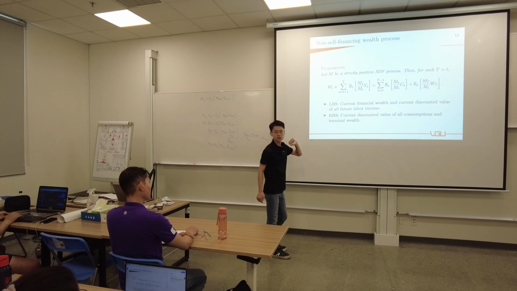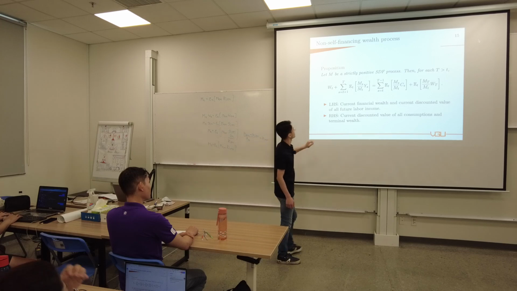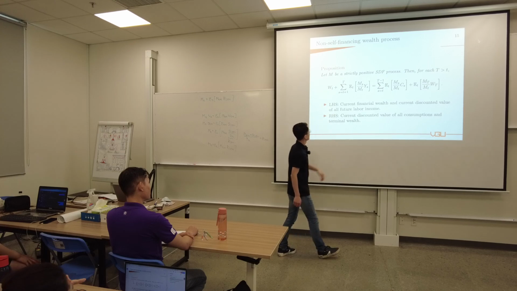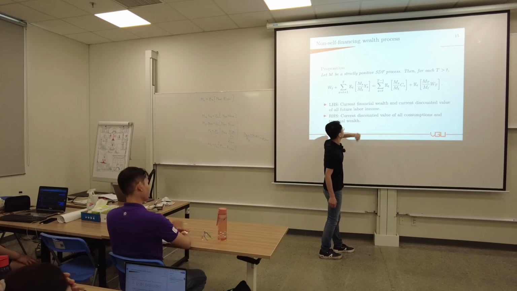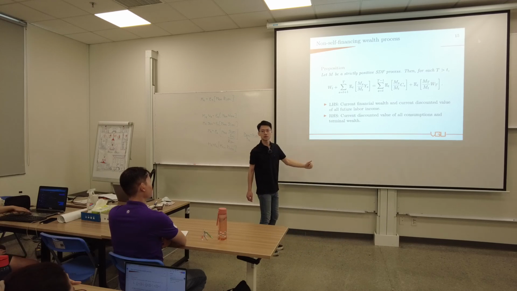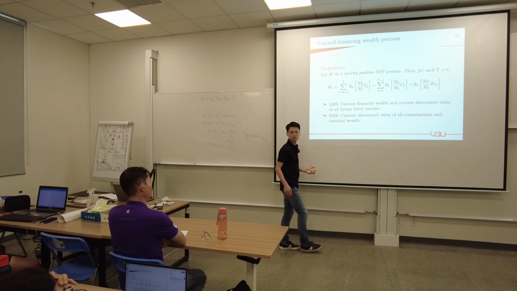This equation is actually just a budget constraint. On the left-hand side, what do we have? We have WT. Let's say now it is time t. So we have WT, the initial wealth, and we have a set of income. So from time t plus 1 on, up to capital T, we have some income for each period of time. The income can be random. Okay, so we have to price them.